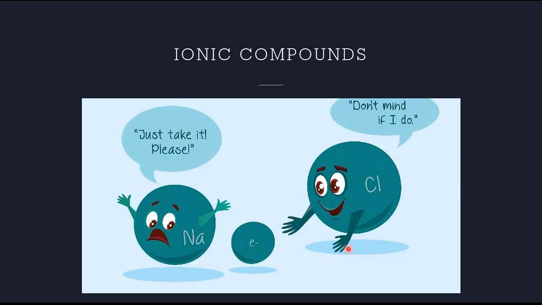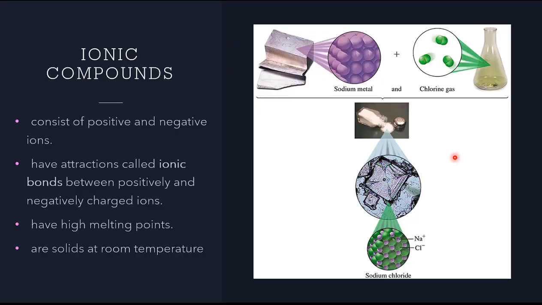All right, so now that we've identified ions and identified what kind of charges different ions will take on based on their location on the periodic table, now let's talk about how we form ionic compounds. So ionic compounds consist of positive and negative ions.